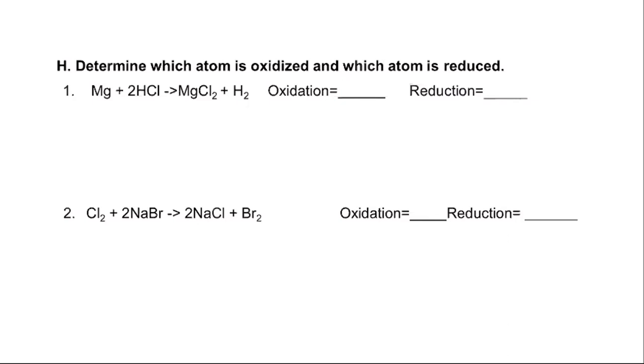So in this single replacement reaction, let's first identify who is going to have an oxidation number of 0. Let's put it in the chat. In the reactant, who's going to have an oxidation number of 0? Magnesium or HCl? Great job, you guys.